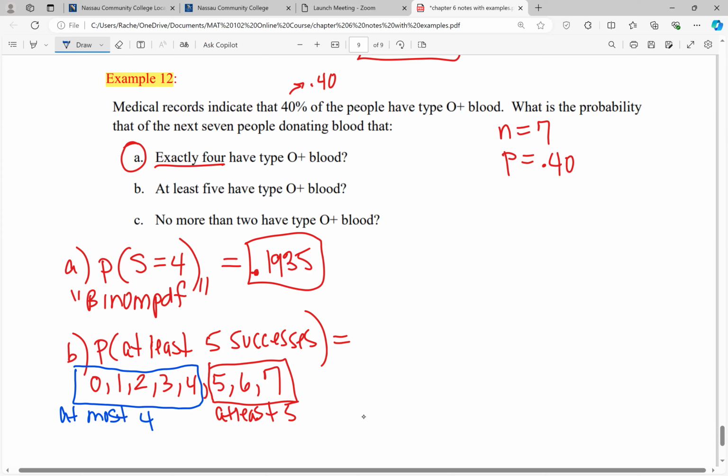So to get this answer, I could do 1 minus at most 4 successes. And this is going to be 1 minus the binom CDF for 4.